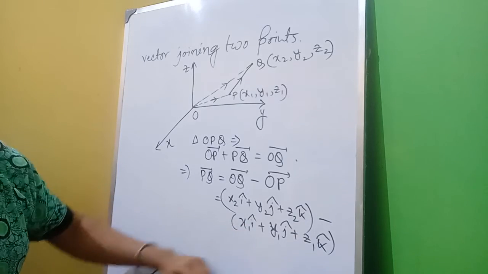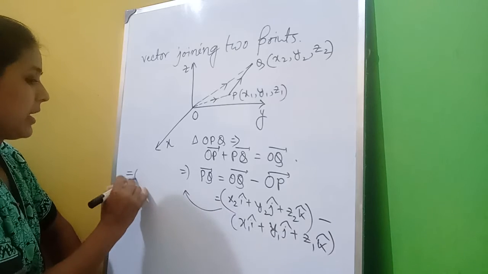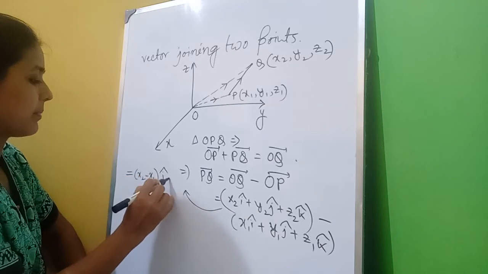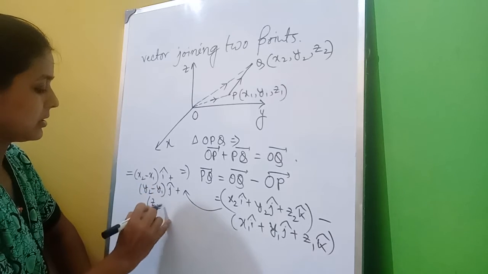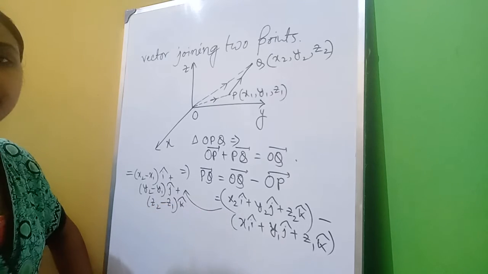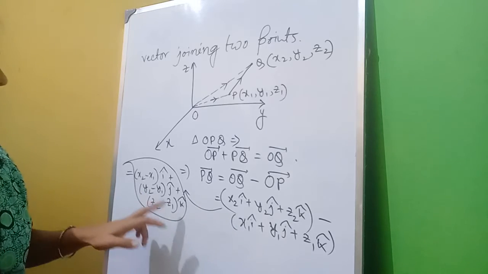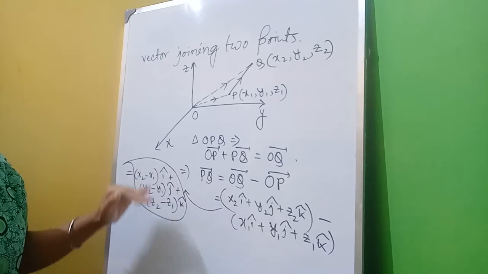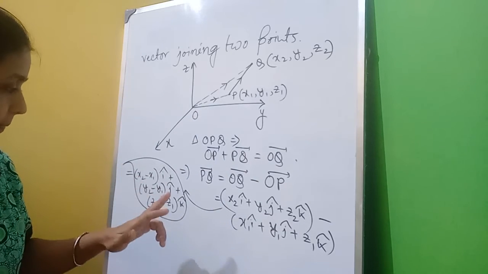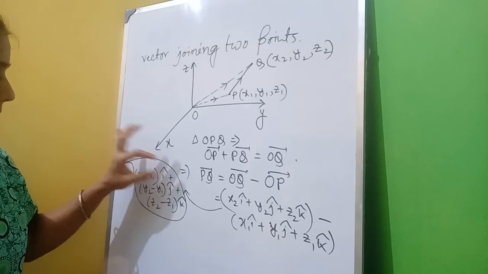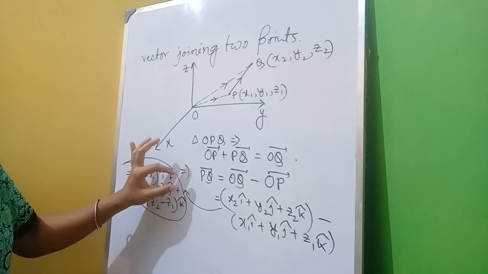Now vector subtraction we have already done, so it will be x2 minus x1 into i cap plus y2 minus y1 into j cap plus z2 minus z1 into k cap.